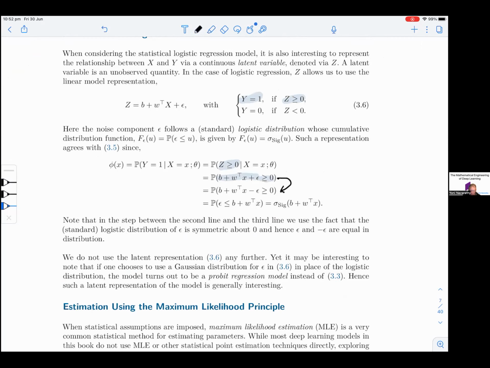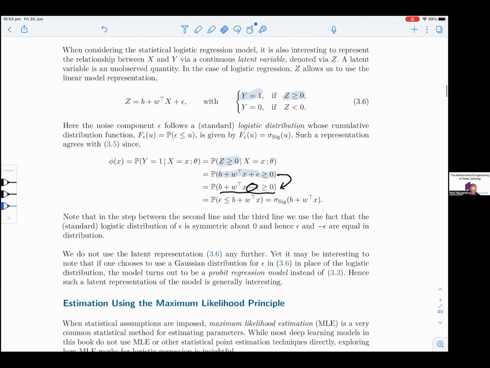Now we make a transition to this expression where we put a negative here being greater than or equal to 0, and we'll explain this step in a second. Once we have this step, we can rearrange the bits inside the probability and get the probability of epsilon being less than this, and that's the cumulative distribution function of epsilon at this point, which is the sigmoid at the affine relationship.